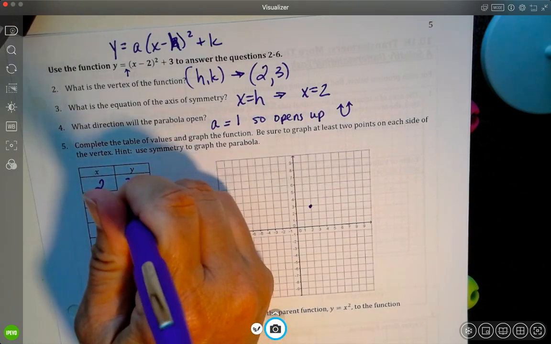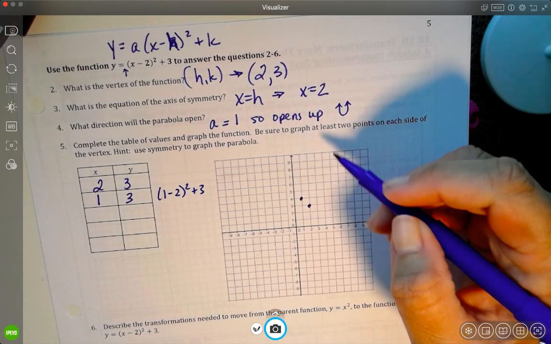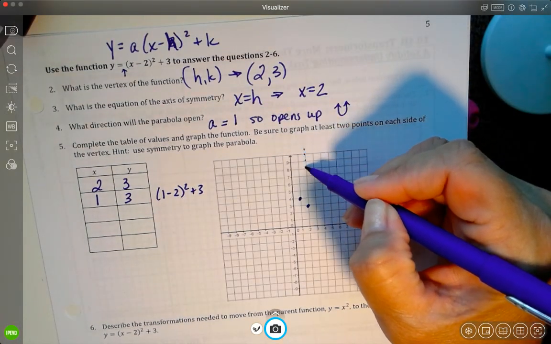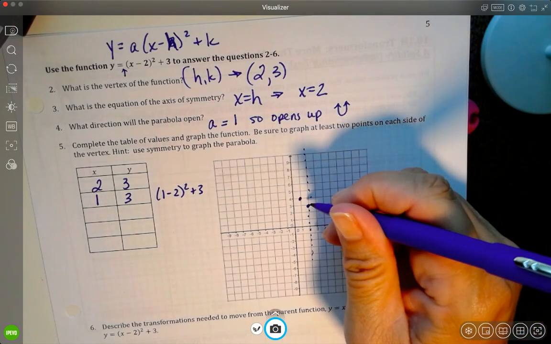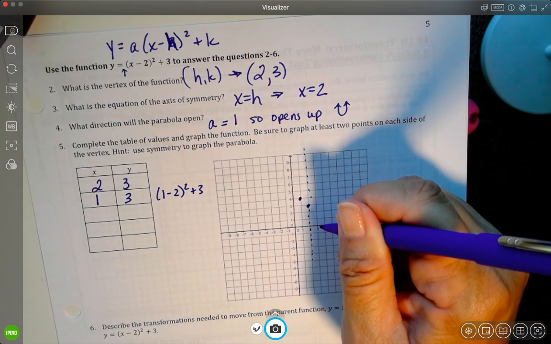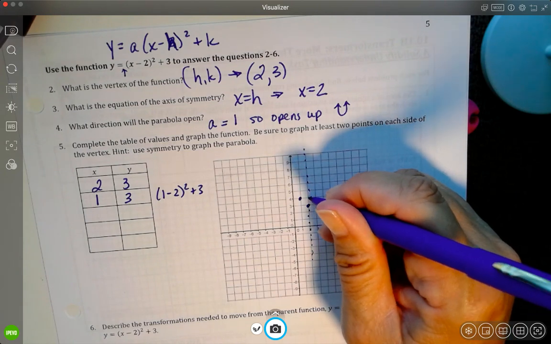Okay, so (1, 4). And then remember, the axis of symmetry is right here. So actually, I could go ahead and plug in 3, but 3 is equidistant to the axis of symmetry as 1. So it's just a mirror image on the other side.